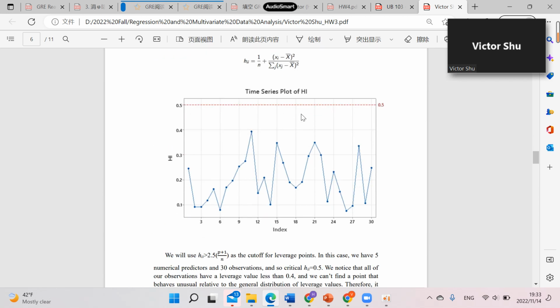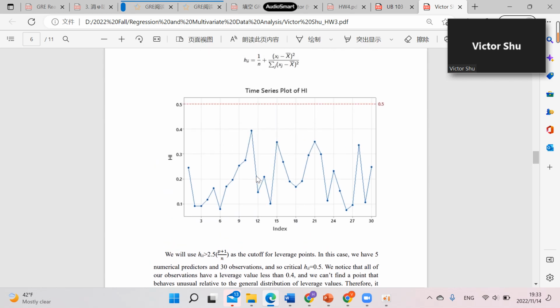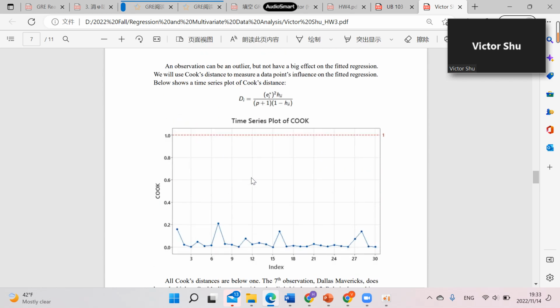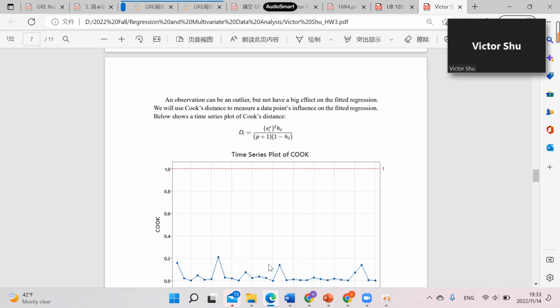But I also want to plot the leverage versus observation, and the Cook's distance, with the Cook's distance on the y-axis and observation order on the x-axis.